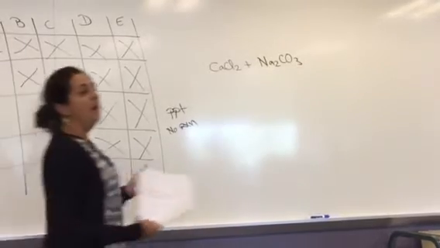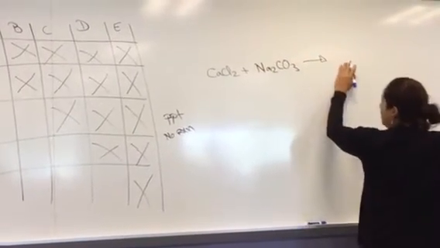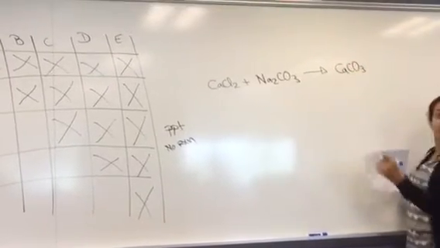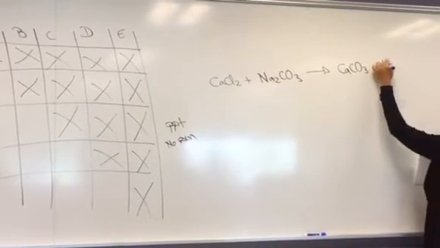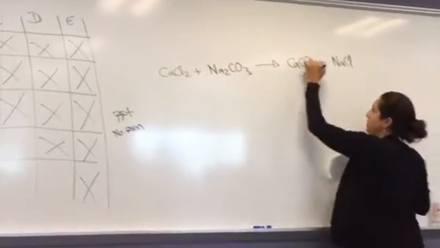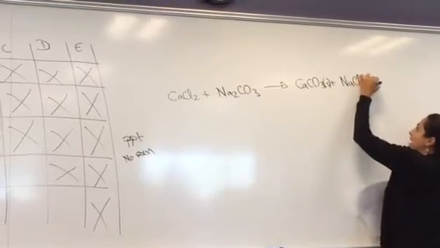We're going to write our molecular equation. What is going to be the molecular equation? Calcium carbonate, yes, plus what? Sodium chloride. We know that sodium chloride is soluble in water, so the precipitate most likely was calcium carbonate. And we are going to write this equation.